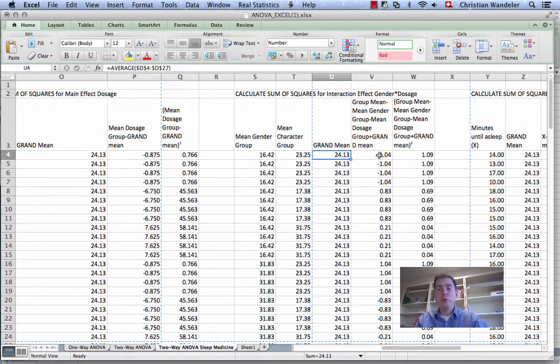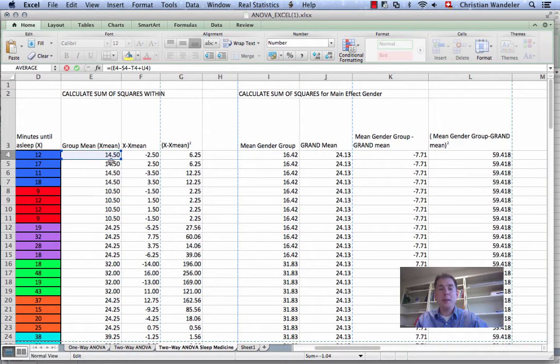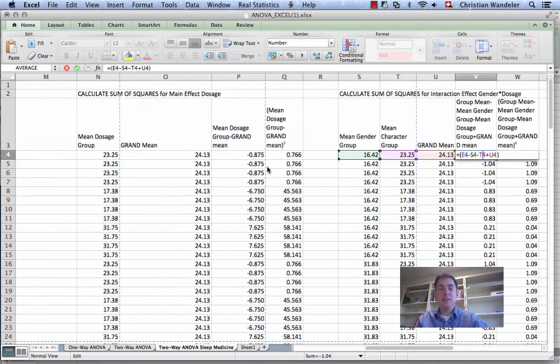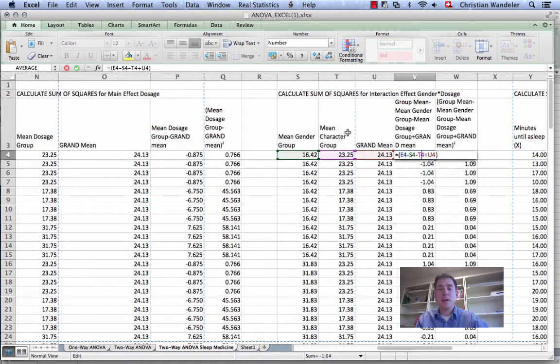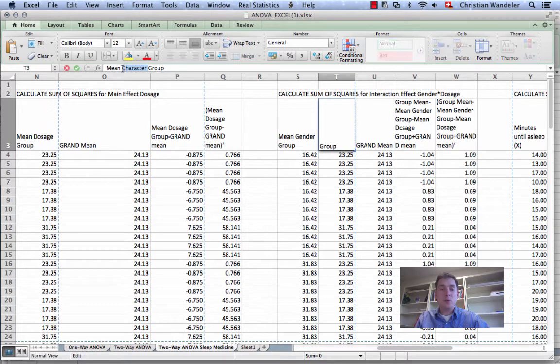And what we do to get our formula, we take the group mean, so that's the blue group here, or the red group, or the purple, the group mean, minus the mean for the gender, green one, minus the mean for the dosage, plus the grand mean. So this is the formula to get the deviation score for the interaction.